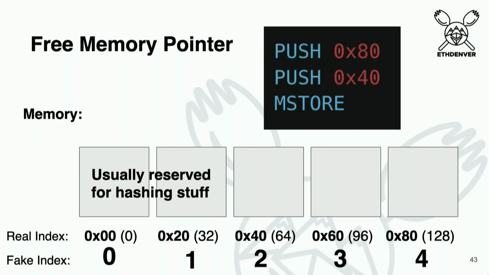So Solidity looks like this, right? So this is memory. You can imagine this is kind of Solidity's memory here. The 0x0 and 0x20, those slots of memory are usually reserved for like hashing stuff, but the rest of it is basically free for us to use. And when we do this push mstore, we're sticking this 0x80 in there.